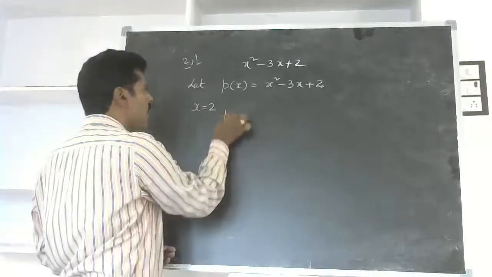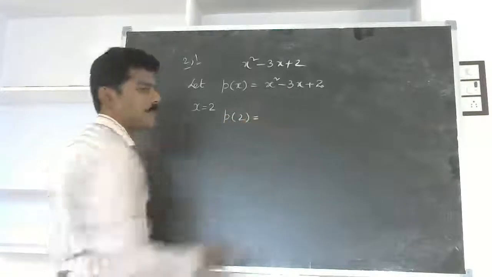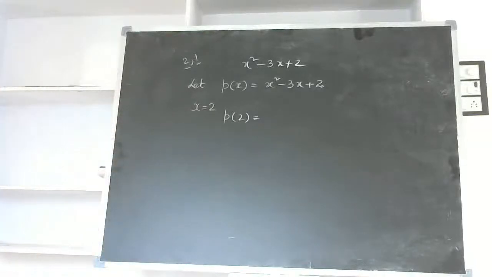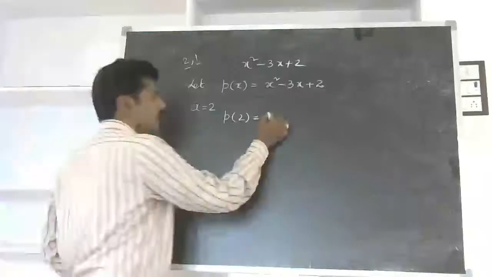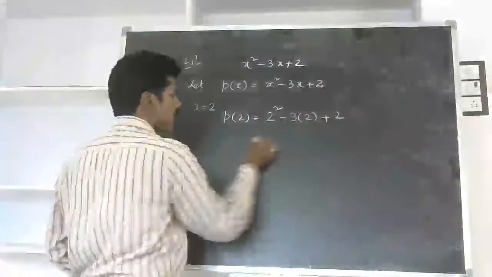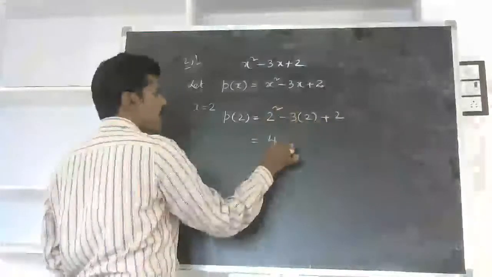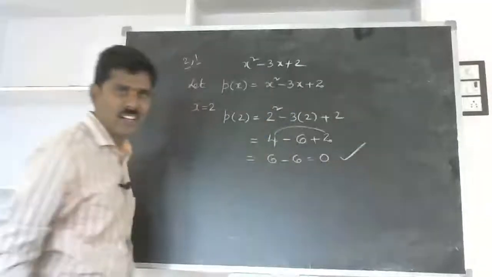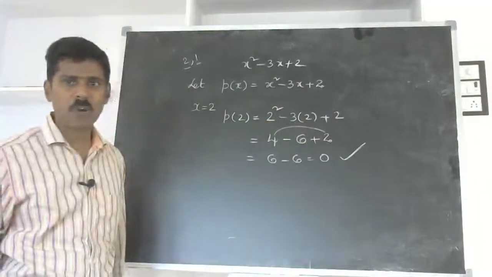Then we'll get p of 2 equals 2 square minus 3 into 2 plus 2. So I'll get 2 square is 4 minus 6 plus 2, that is 0. Hence, it's verified. So 2 is a 0 of the polynomial.